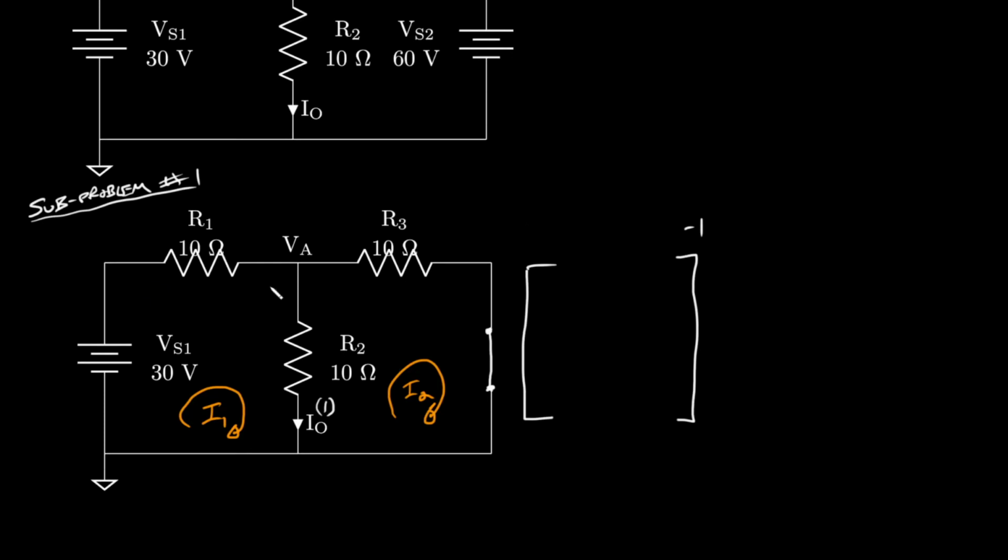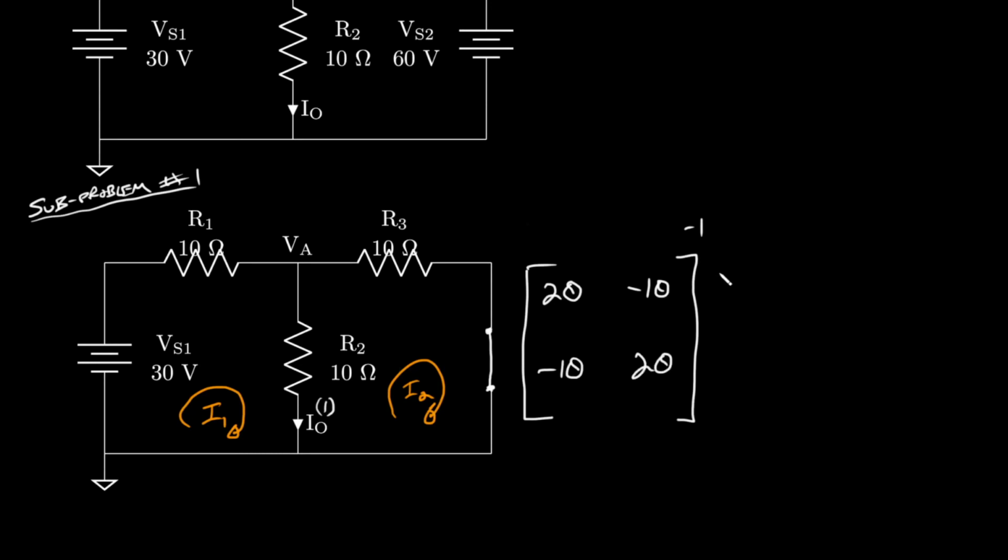I'm writing 2 KVLs, so what does I1 touch? It touches the 10 and the 10. What does I1 share with I2? It's the 10 over here. Moving over to here, what does I2 share with I1? It's the 10. And then what does I2 touch? It's these two 10s, so it's another 20.